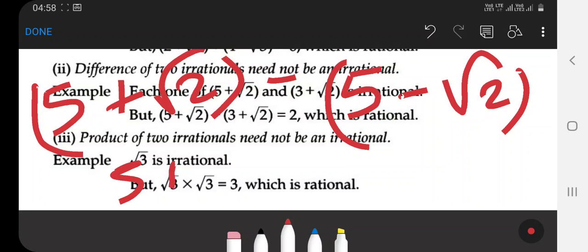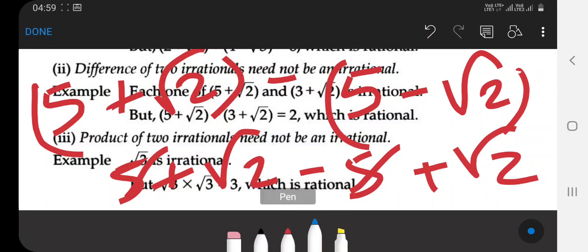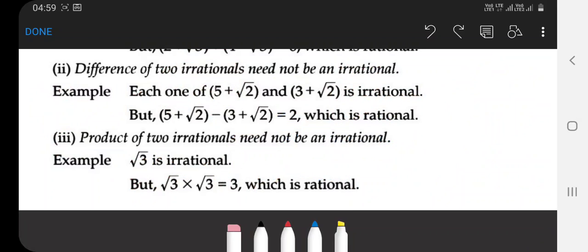The 5 cancels, and the answer is 2 root 2. The answer 2 root 2 is an irrational number. So the difference of two irrational numbers need not be irrational. It is either rational or irrational.